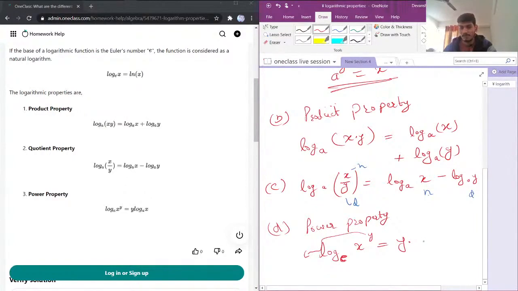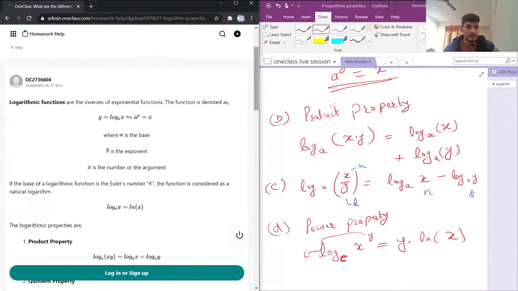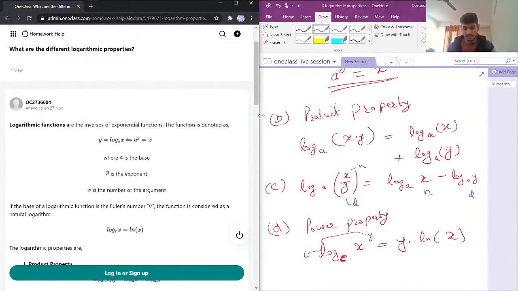So it will become y times log base e of x. This log, I'll just write ln for simplicity. And this is pretty much given. Okay, let me just cross check.